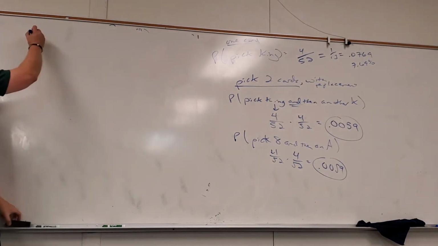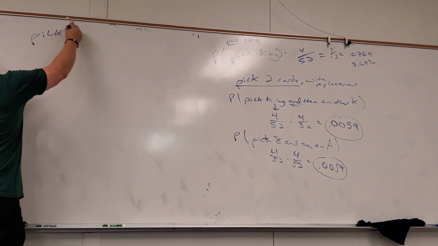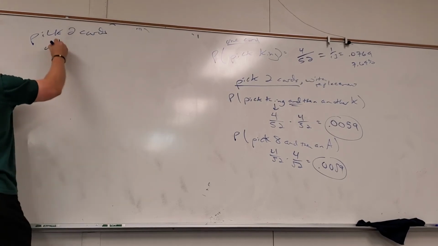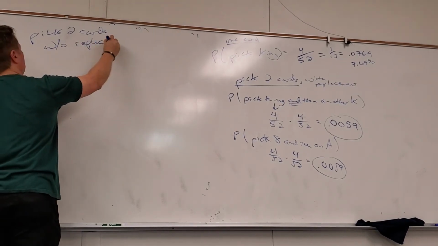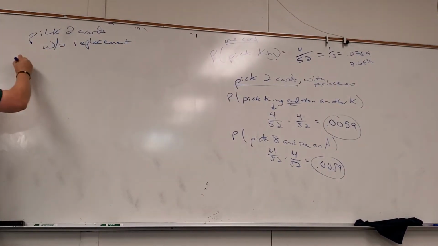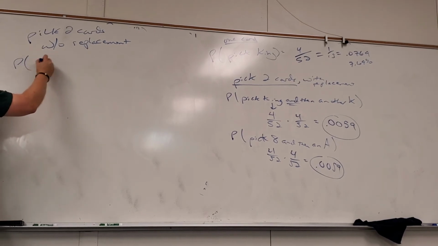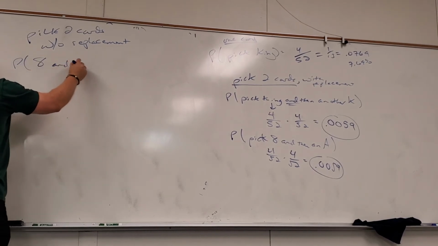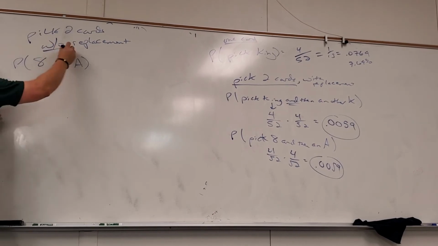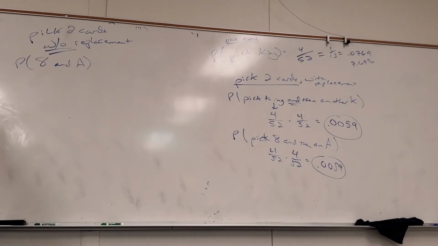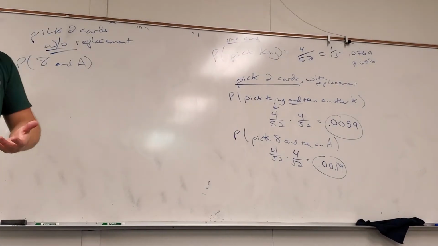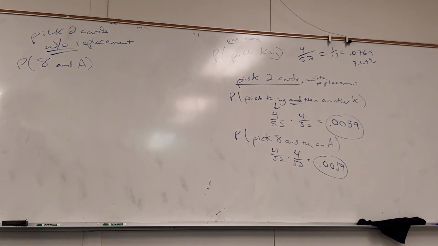So what is the probability if I pick 2 cards without replacement? What's the probability I get, let's do the last one, an 8 and then an ace. So now I'm doing it without replacement. I pick a card and I feed it to my little brother. 4 out of 52. Got a lot of plastic in his diet.